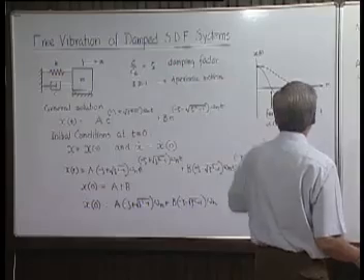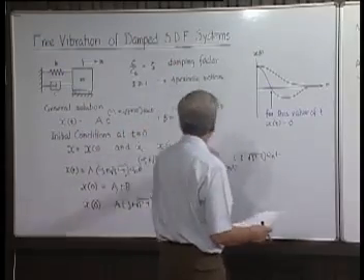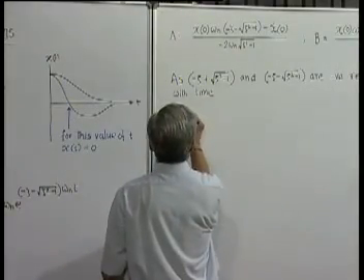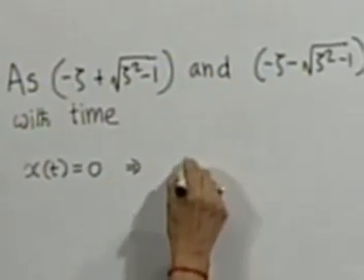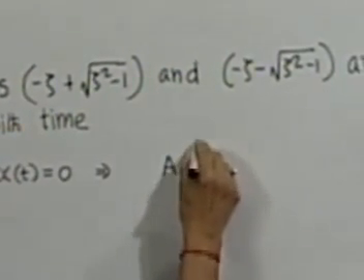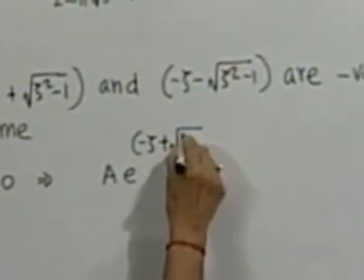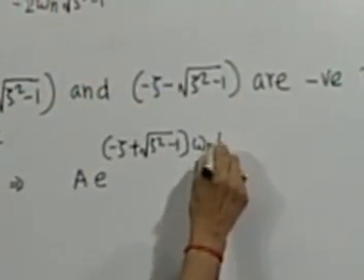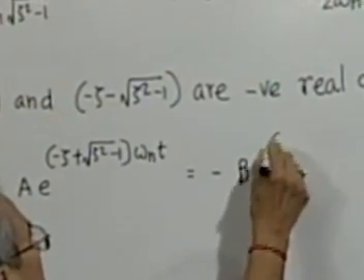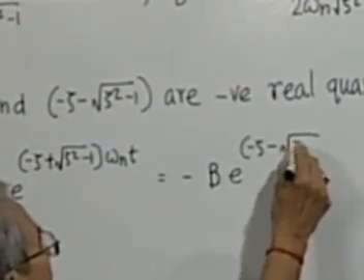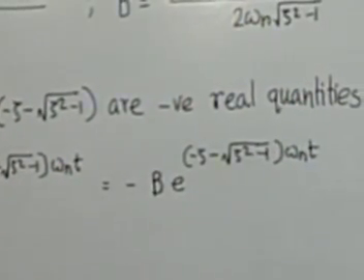Now, if x(t) is 0, what do we get? This means that A e to the power minus zeta plus square root of zeta square minus 1 omega n t is equal to minus B times the other exponential.